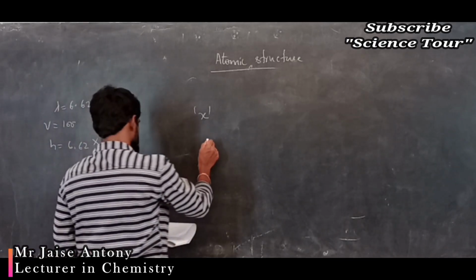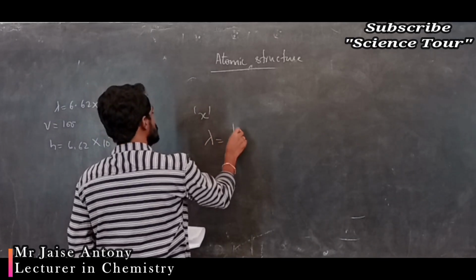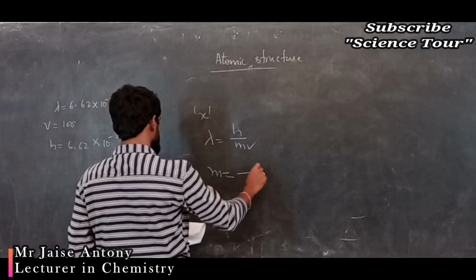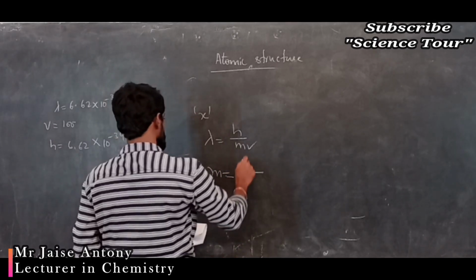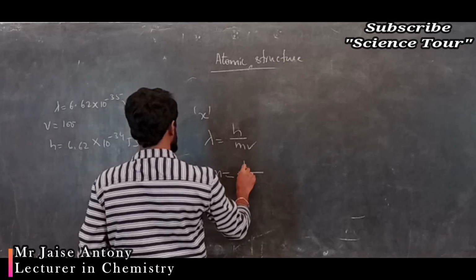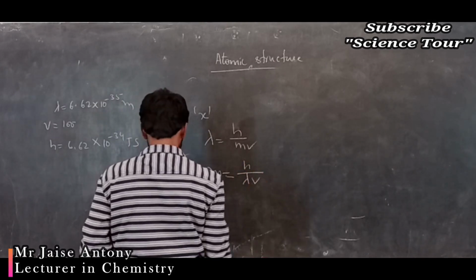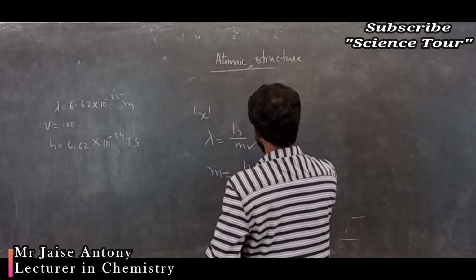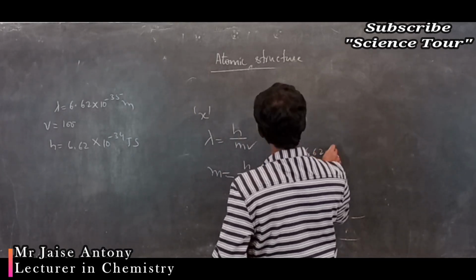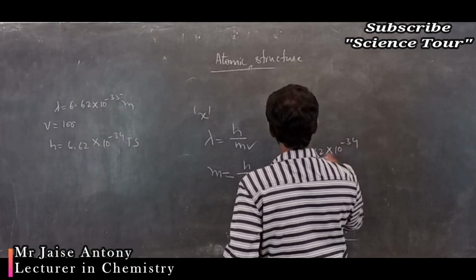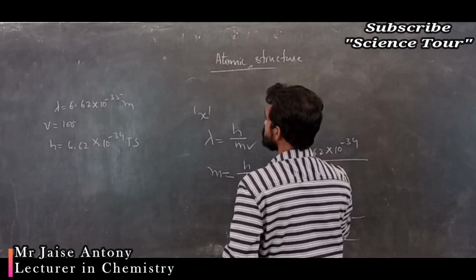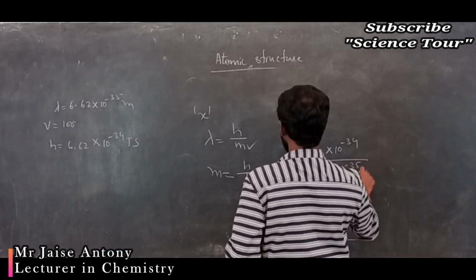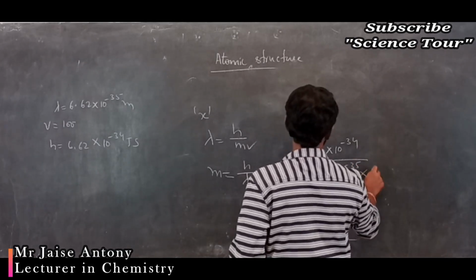So which formula can I use? Lambda is equal to h divided by mv. Correct? m I will take this side, this becomes h divided by lambda into v. Correct? So here h is how much? 6.62 into 10 to the power minus 34 divided by lambda is how much? 6.62 into 10 to the power minus 35 into velocity is how much? 100.